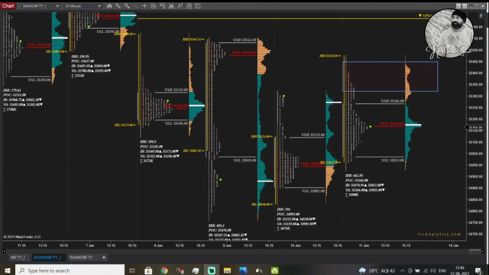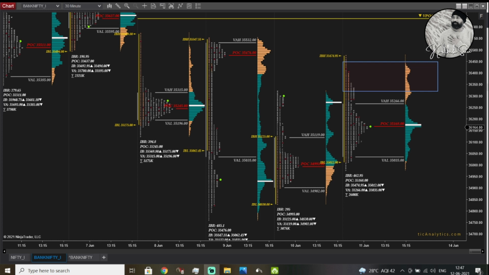Okay, we'll start from the beginning. What is market profile? Why does market profile look like this? Market profile is nothing but understanding the market activity with a distribution curve, which means a bell curve. Why are we seeing the market activity in the shape of a distribution curve?